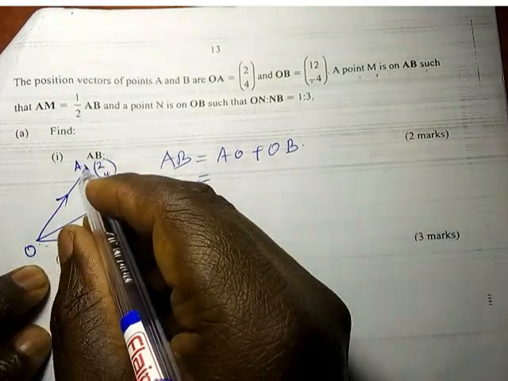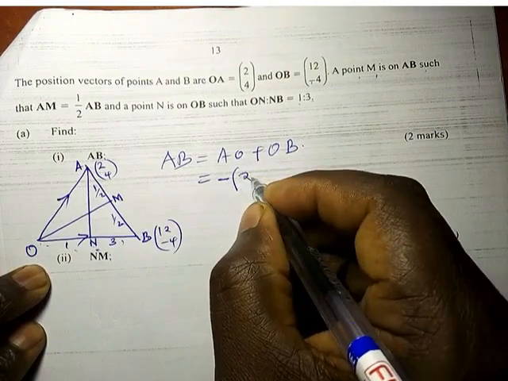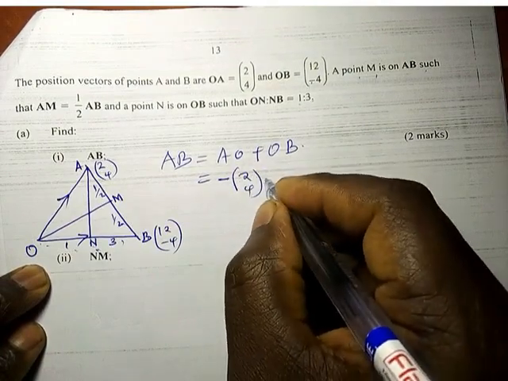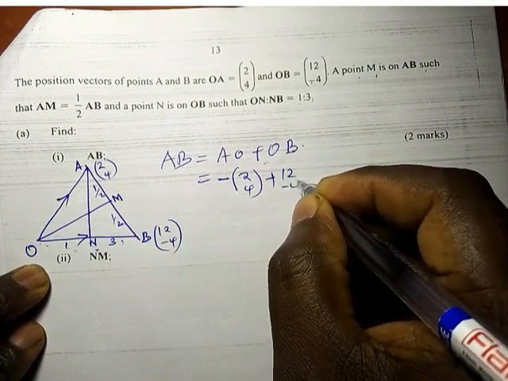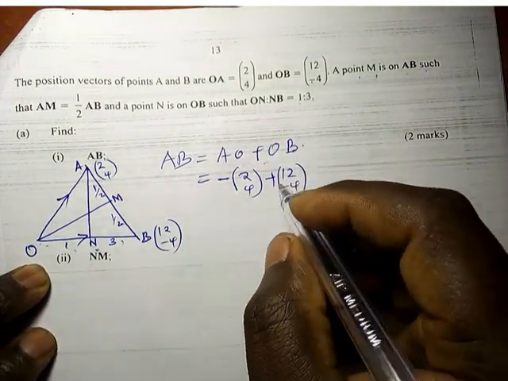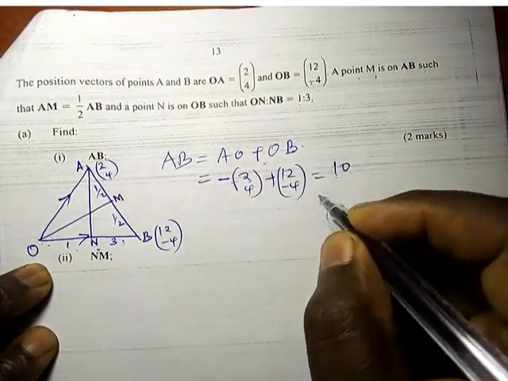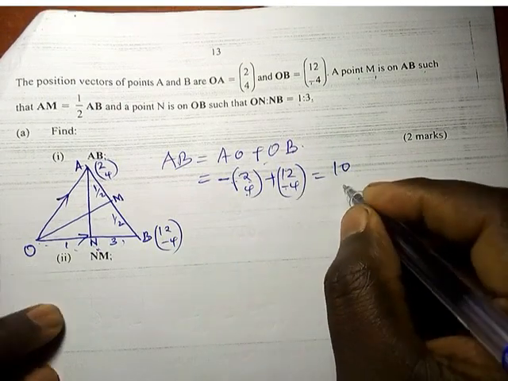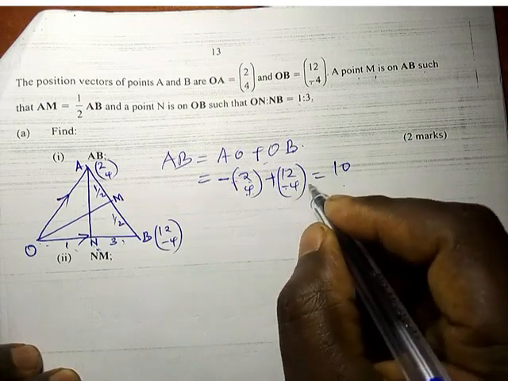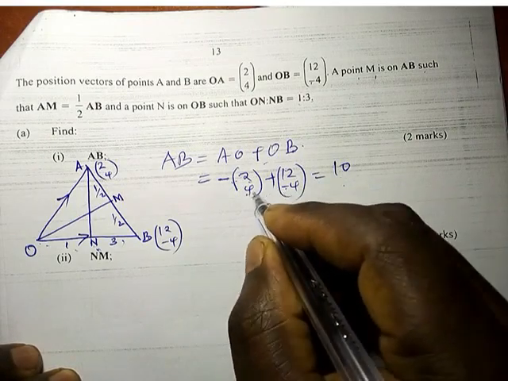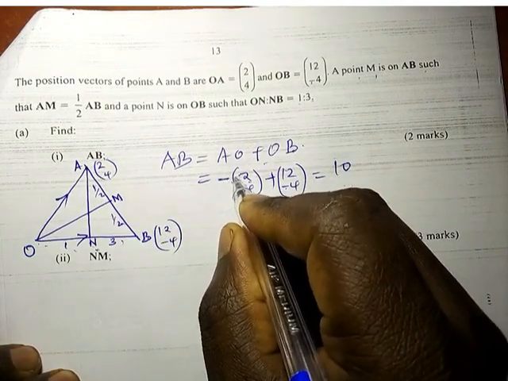And that one is, we are going to reverse, so we are going to have negative 2, 4 plus OB, which is 12, negative 4. Sorry, this one is going to be negative.